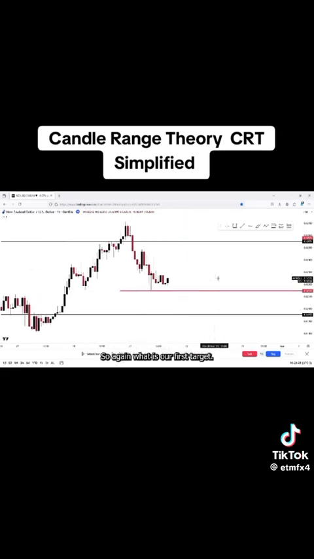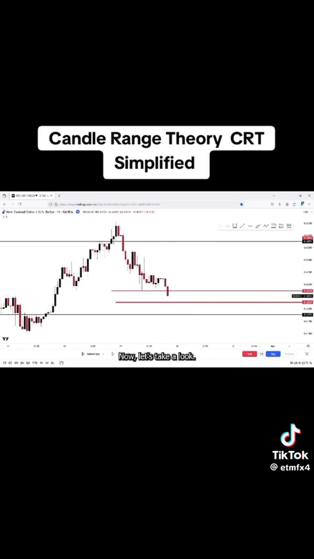So again, what is our first target? Swing low, swing high, and this is the 50% between your target and the bottom of your range. Now this is your DP. Now let's take a look.